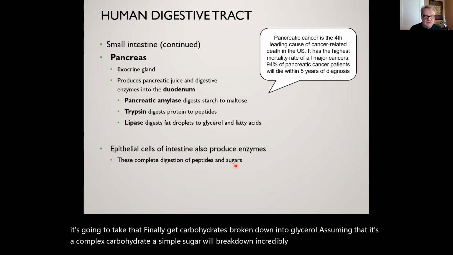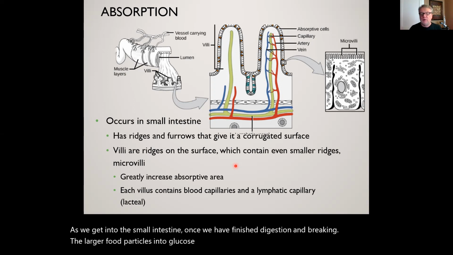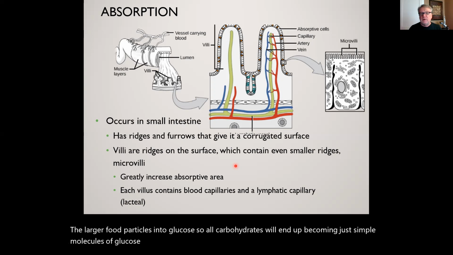So, as we get into the small intestine, once we have finished digestion and breaking the larger food particles down, all carbohydrates will end up becoming just simple molecules of glucose. All the proteins will end up becoming simple molecules of amino acids.